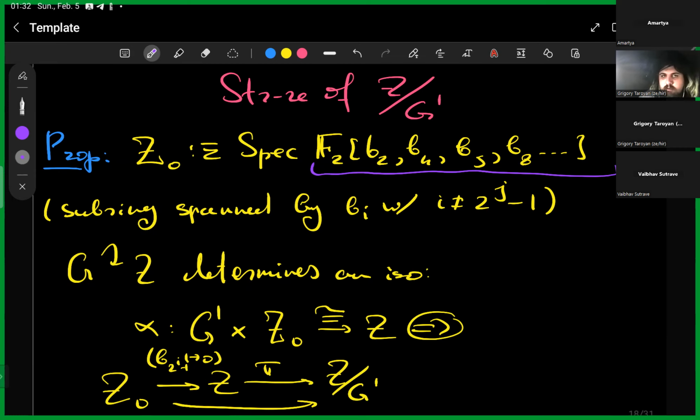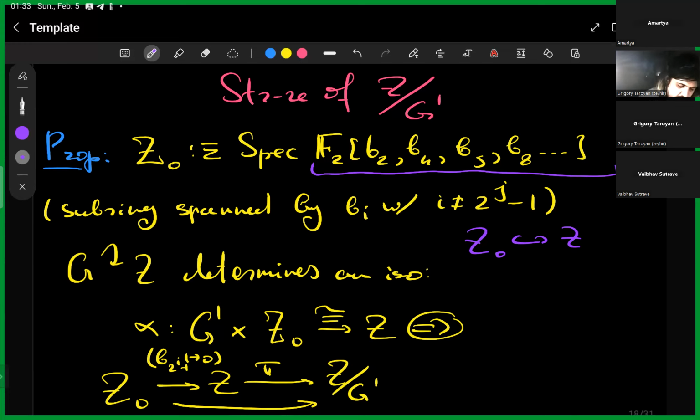So obviously we have an inclusion, an embedding of Z sub 0 into Z induced by the projection from the polynomial ring on all generators to the polynomial ring on some generators, which maps the generators in question to 0.